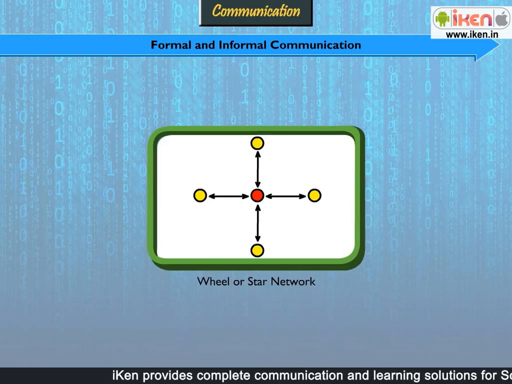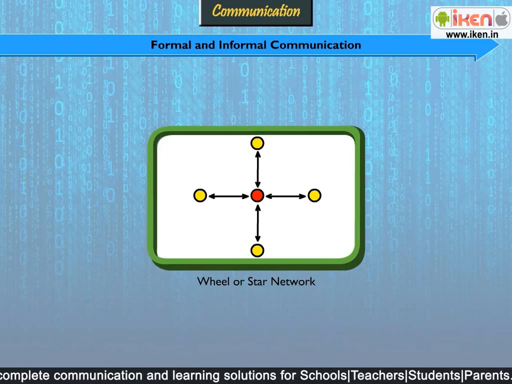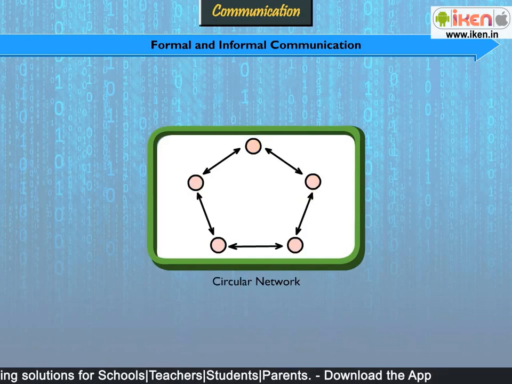In wheel or star network, information flows from one superior to all subordinates. The subordinates do not communicate with each other. In circular network, the information moves in a circle.